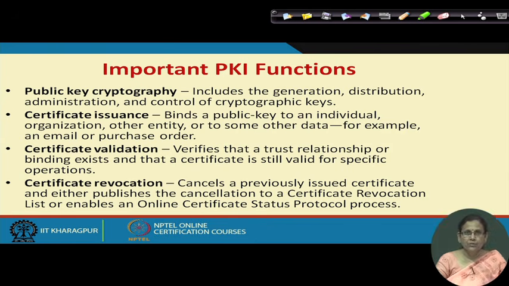Then certificate issuance, binding a public key to an individual, organization or some entity or to some data. Then certificate validation, verifying that a trusted relationship or binding exists, and that the certificate is still valid for a specific operation. These are a few functions only, there are other functions as well.